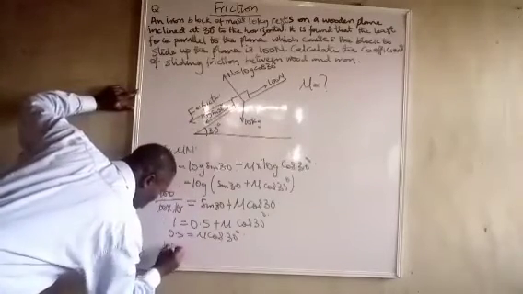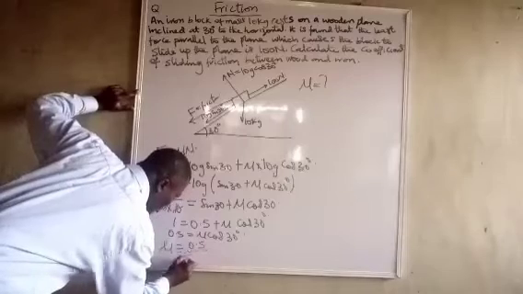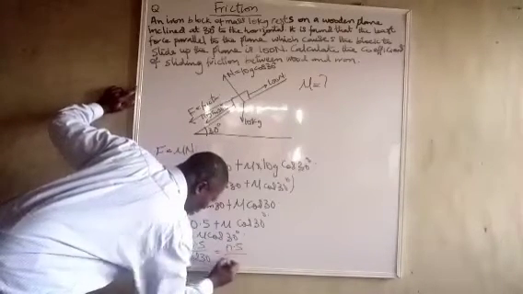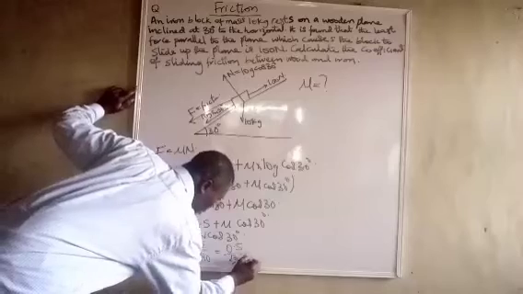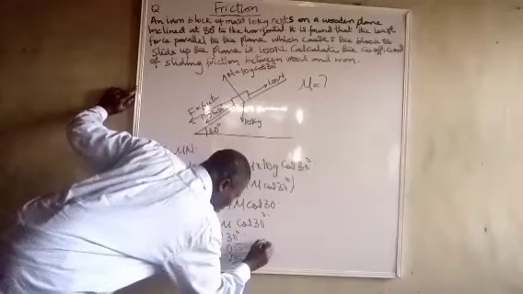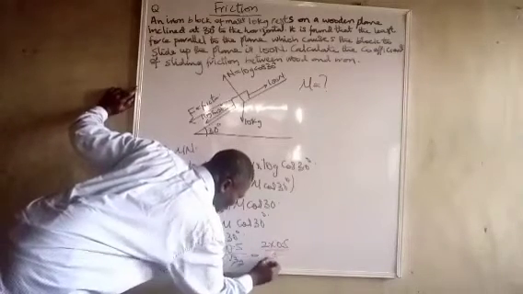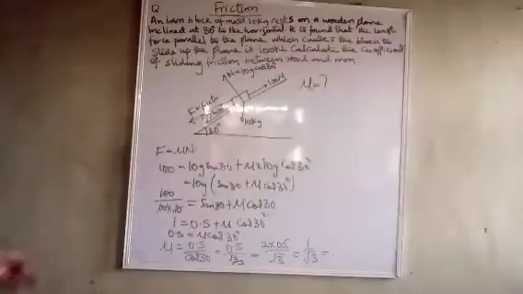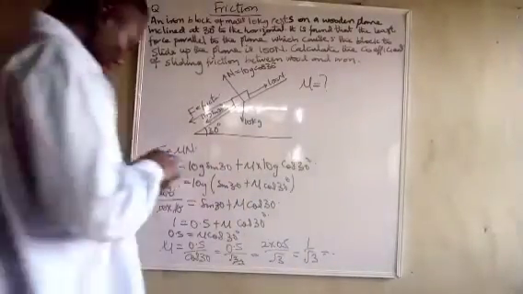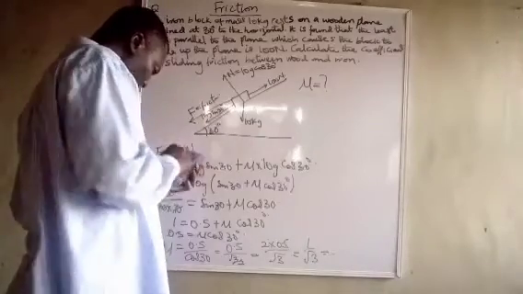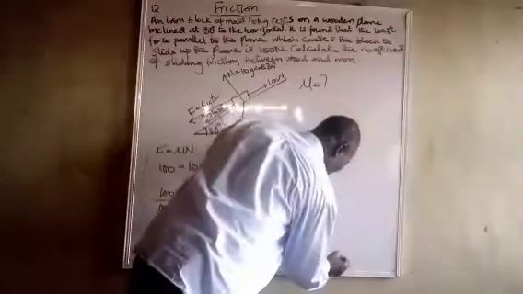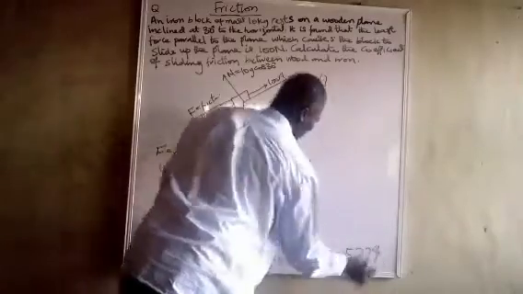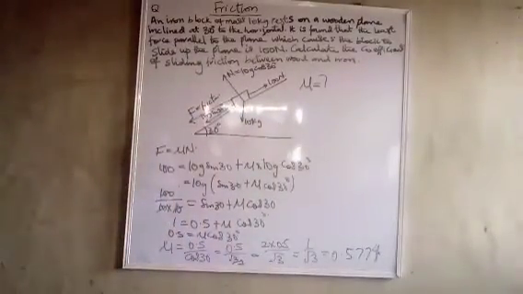So mu is equal to 0.5 over cos 30, 0.5 over root 3 over 2, which is 2 times 0.5 over root 3, 1 over root 3. And what is our mu? That is 0.5774. So our coefficient of friction is 0.5774.